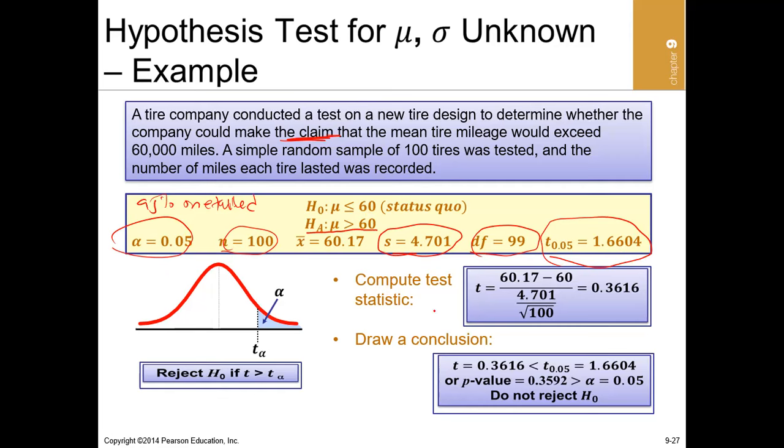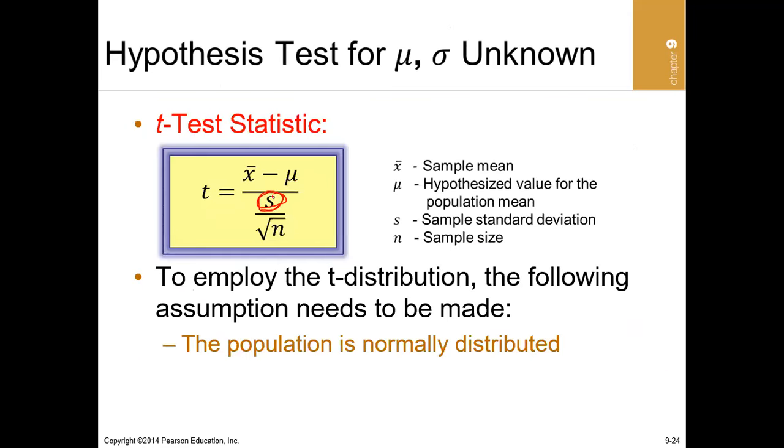Now we are going to compute our t-value. Remember the critical value is 1.6604. The formula for computing the t-value is the sample mean minus the population mean over the sample standard deviation, because we don't know the population standard deviation, divided by the square root of n.